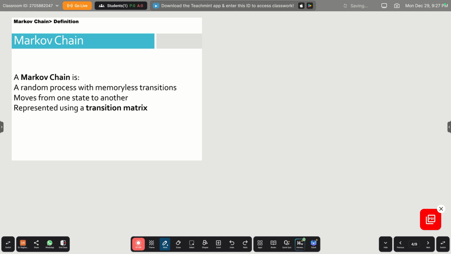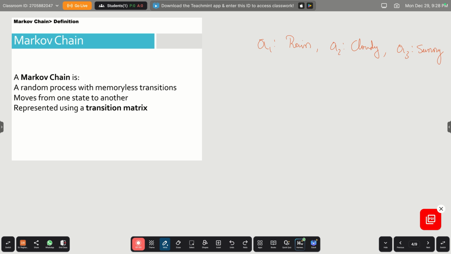This is a random process with memoryless transitions, which moves from one state to another. Just for example, suppose you have three states. A day can be a rainy day, or it can be a cloudy day, or it can be a sunny day.